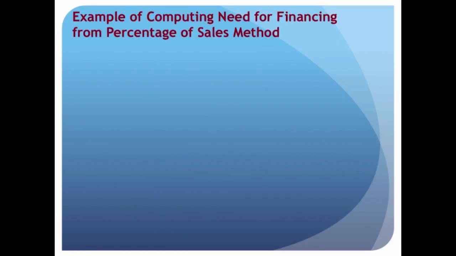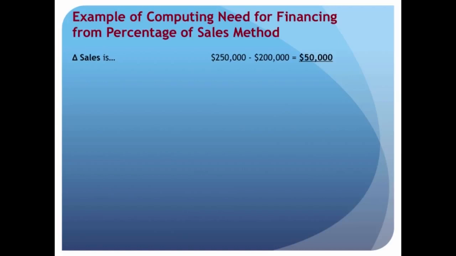Now let's look at an example of how the percentage of sales method can be used to identify the need for and the level of new financing using the pro forma financial statements already discussed. You can find these numbers in the pro forma financial statements in the textbook. The change in sales is derived from the income statement and results in a figure of $50,000.